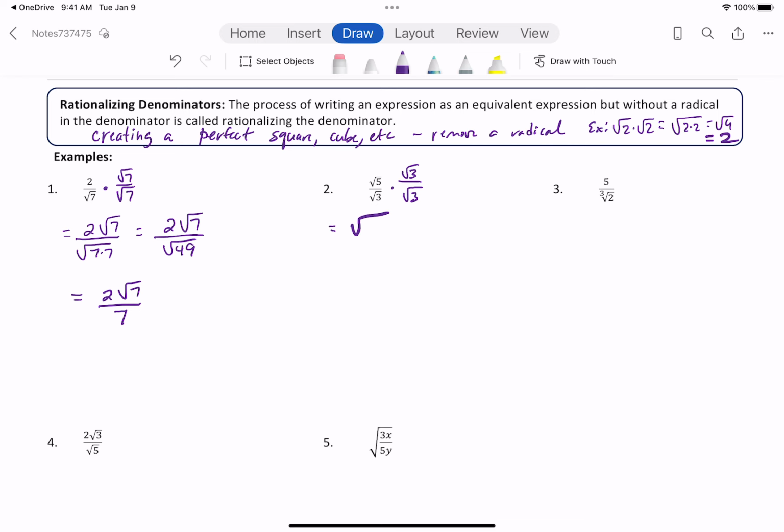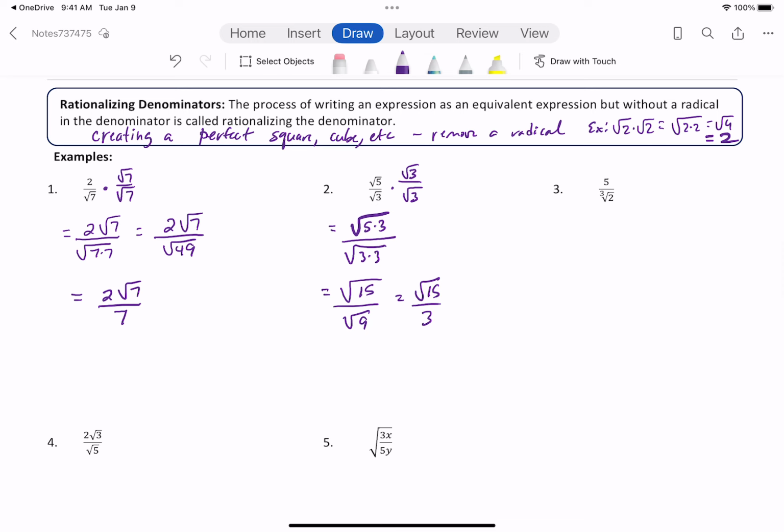So in the top, I have the square root of 5 times 3. And in the bottom, the square root of 3 times 3. If I simplify, in the top, that's the square root of 15. The bottom is square root of 9. That leaves me with square root of 15 over square root of 9. That's a perfect square, so we know that that is 3.